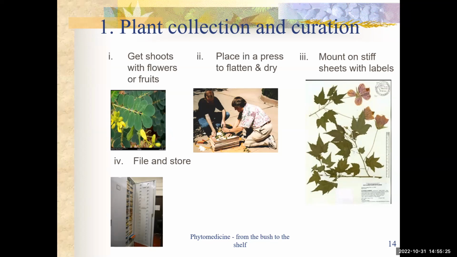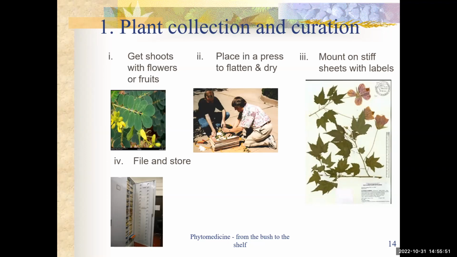So the next is mounting. We mount them on sheets of paper, usually hard paper, and we must give the label. So you can see the label here, which gives information about that material, where it was collected, what is its name, what uses it has.